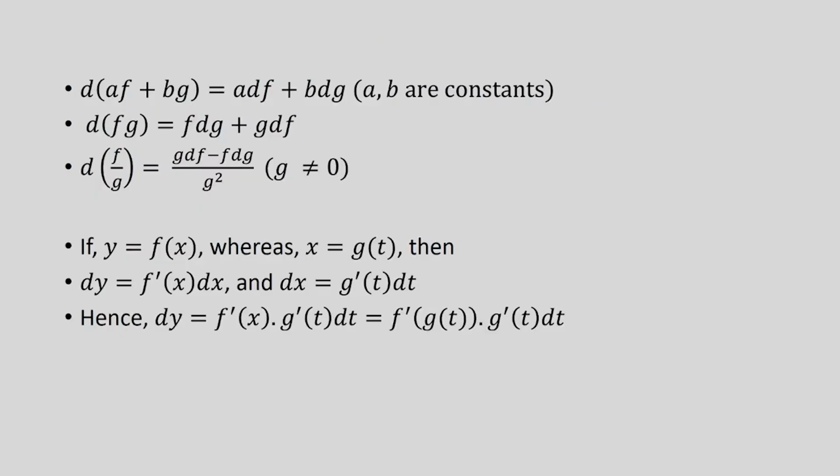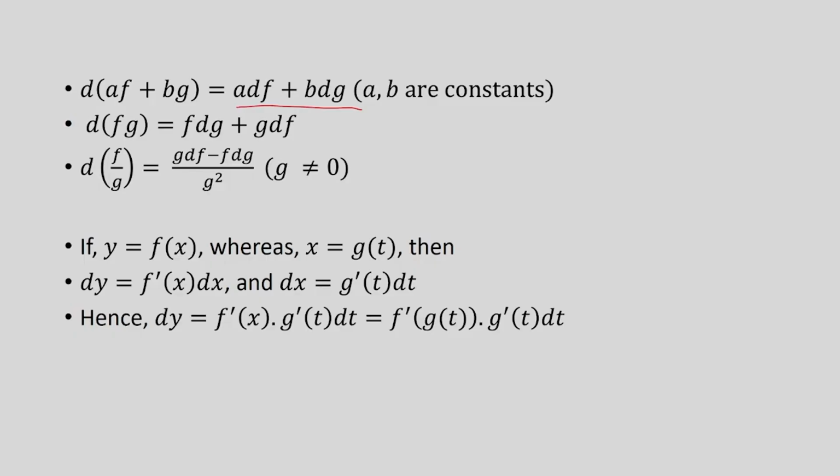And here are certain other rules of differentials. So, suppose small a and small b are constants, then what is d of af plus bg, where f and g are functions of x, let us suppose. So, that is given by a df plus b dg.